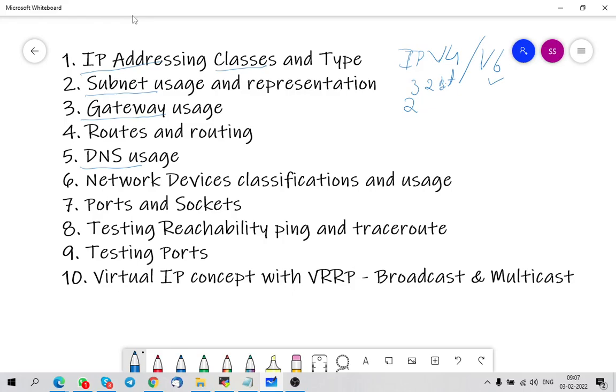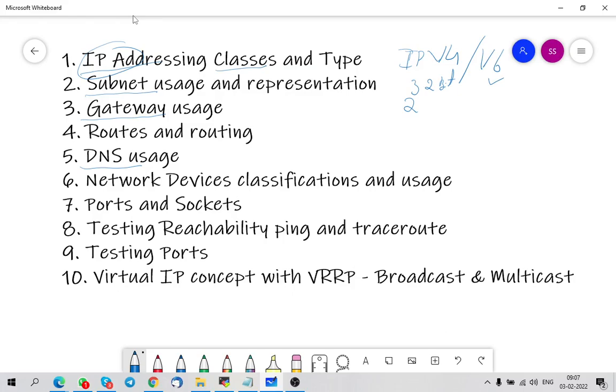The first one we already discussed: the identification of the node, that is the IP address. Now we will discuss what the subnet is. Subnet is for identifying the network. That means how a device identifies the local network, it uses the subnet.